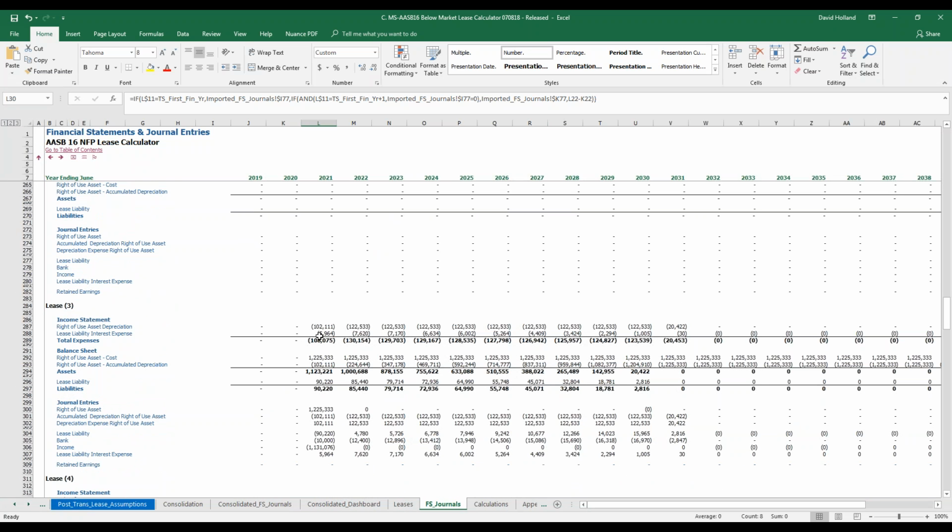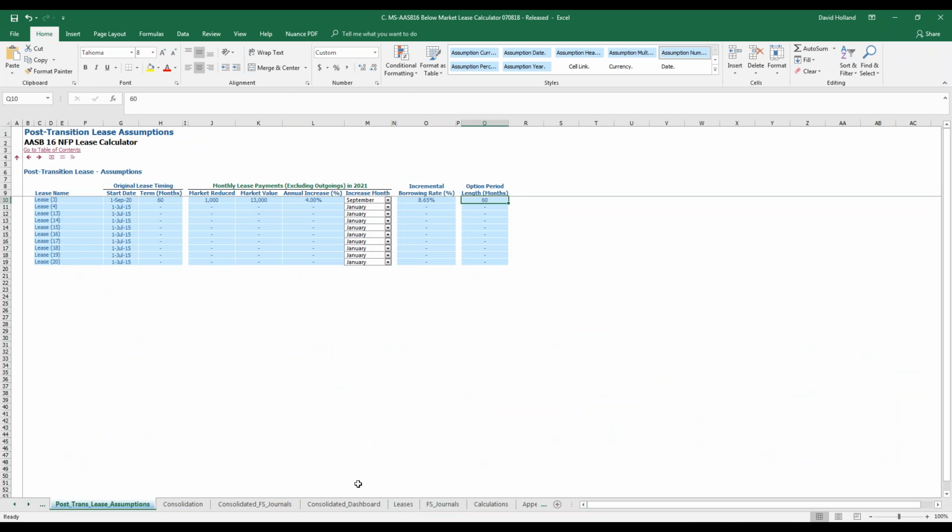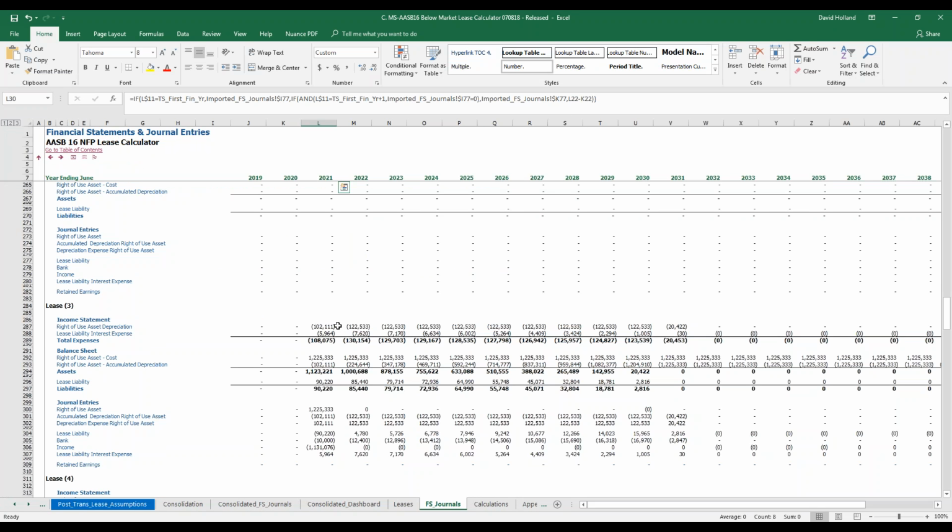If you want to see the post-transitional leases, they commence down here at about row 286. So this post-transitional lease, lease number 3, starts here, and you can see it only commences in 2021. So the journal entries will create a right of use asset, will create a lease liability, and there's a significant income amount, which is a requirement under AASB 1058, that you value the right of use asset effectively at market terms.